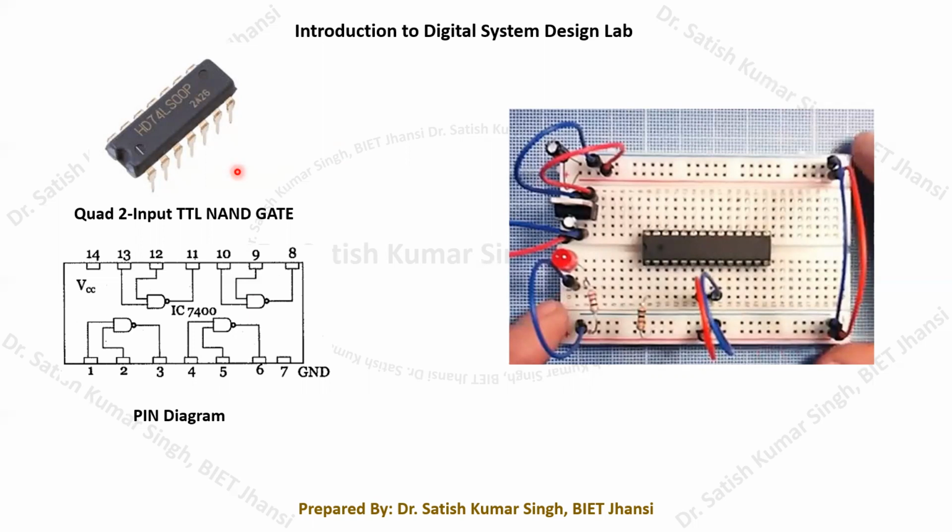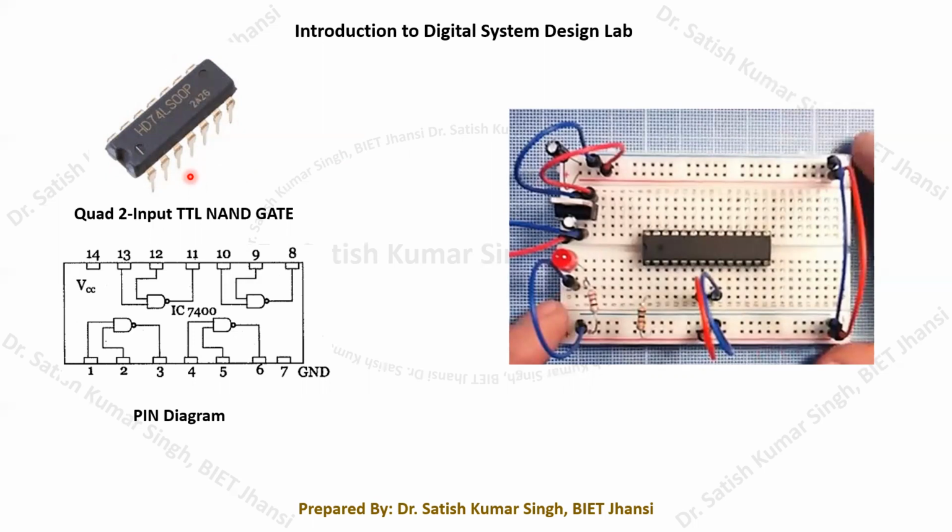So how do we identify these pins? Once you see these pins, we need to follow a certain convention to identify the pin numbers, because we have a total of 14 pins in this particular IC. How to identify these pins is very important, so we need to understand that.